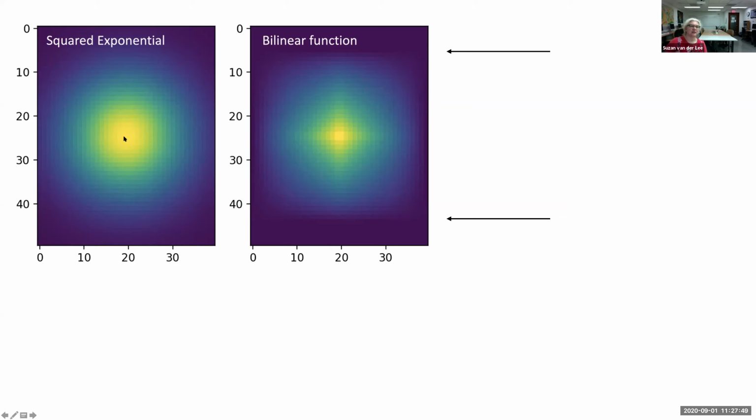And these are the colors of the squared exponential function. So this one has a much smoother decay towards 0. And it is basically a spherical or radially symmetric function, so the contours of it are circles. And this one is not exactly spherically symmetric. It is also not exactly a pyramid.